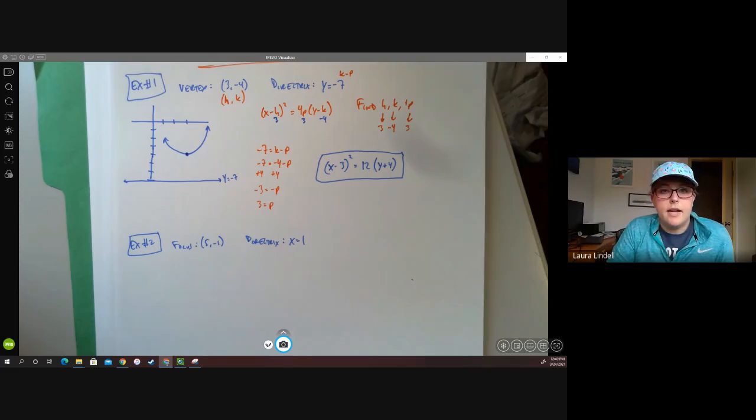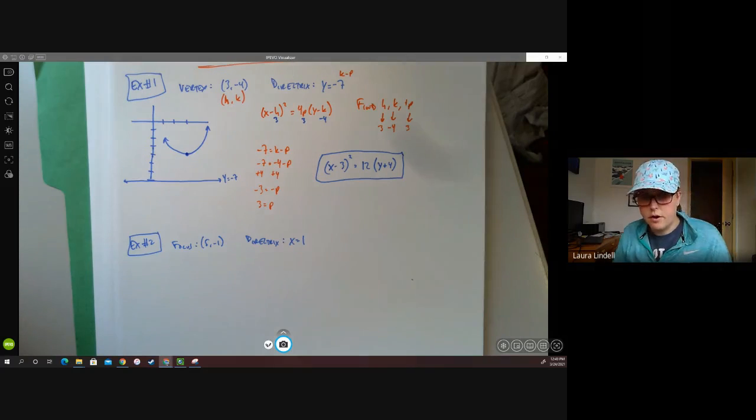Okay, so just like last time, let's draw a picture of what is going on and decide which direction this thing opens. So draw your picture. And then in the chat, is this going to open up, down, left, or right?